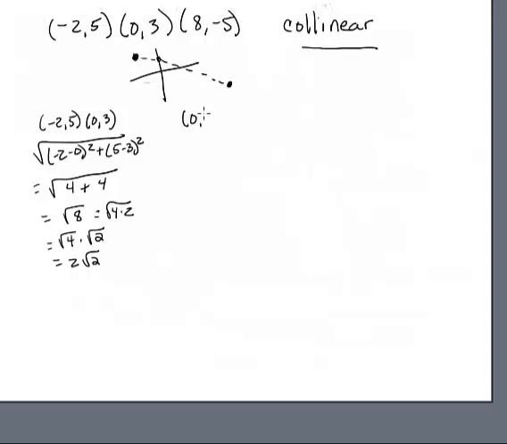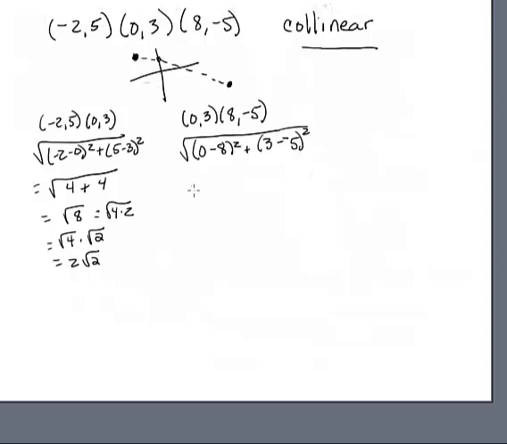Next is 0, 3, 8, -5. I have 0 minus 8 squared plus 3 minus -5 squared.